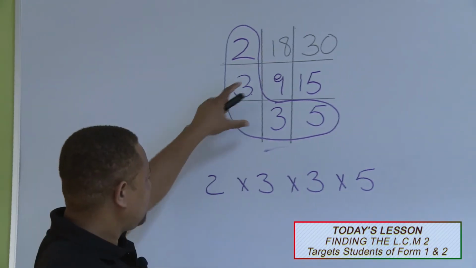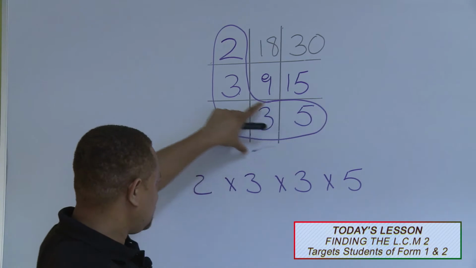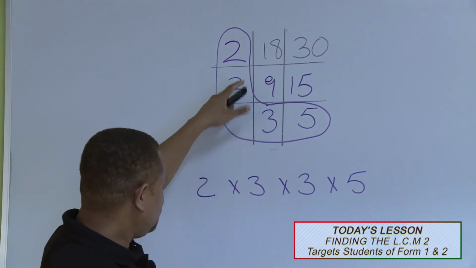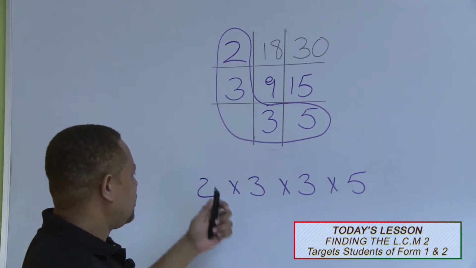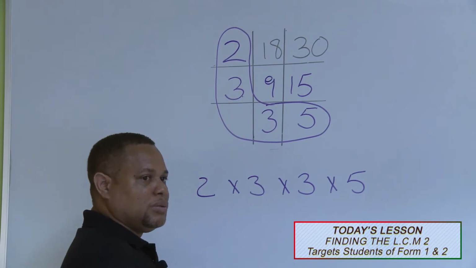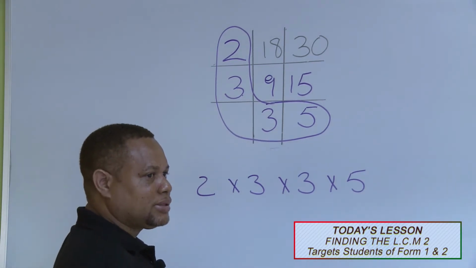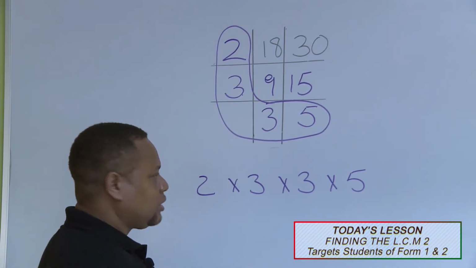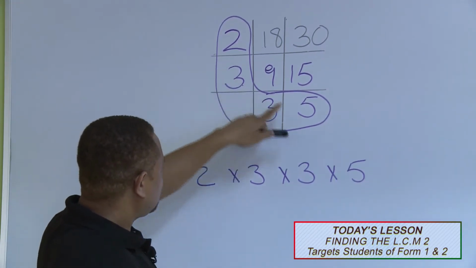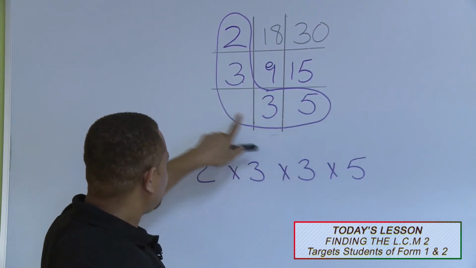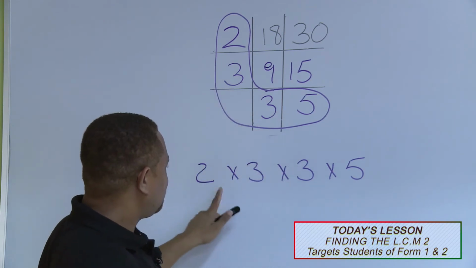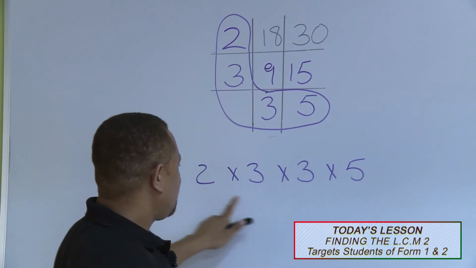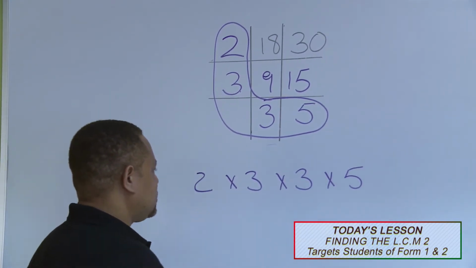However, if the question wasn't terminated here, we could have extended our grid. However, we finish here, so we'd continue. Our next step, as we said, I would have circled the prime factors and I would have written out the multiplication sentence.